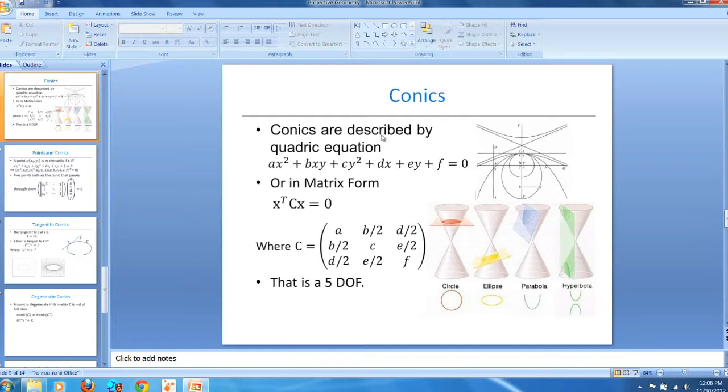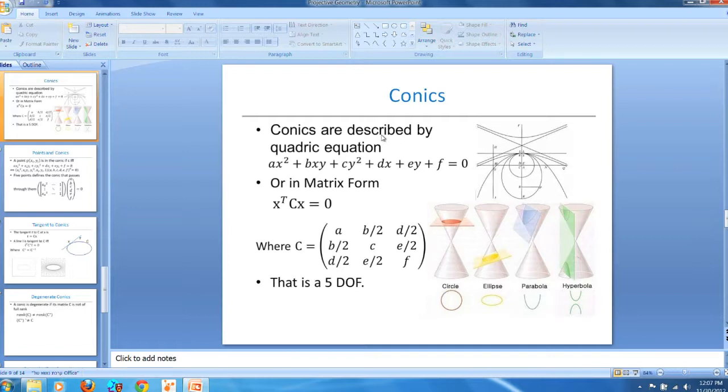We can get a circle by intersection of a cone. We can get an ellipse if the cutting plane is at an angle, but if the angle is too big, we will get a parabola.